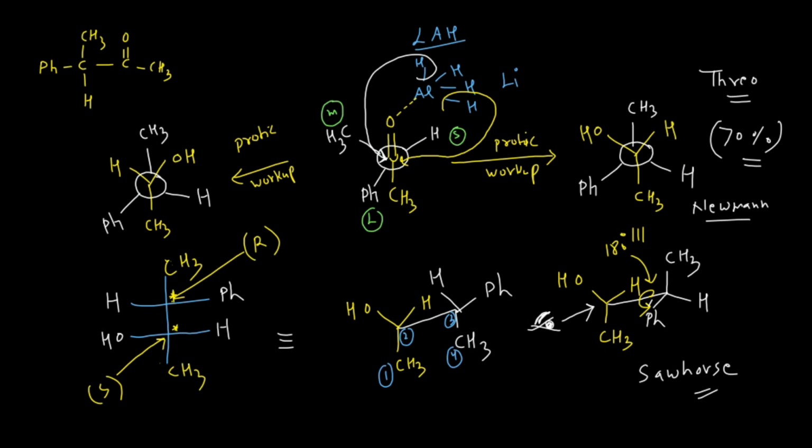See, this angle is actually a 180 degree angle. So that means they will fall onto the same line. However, they are not in the same line. And if you follow this particular feature, then you will convert this thing into your other isomer, your other diastereomer.